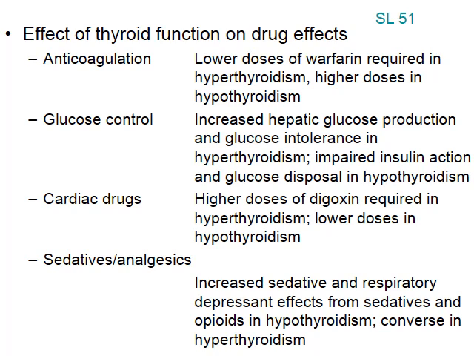So again, altered thyroid status can impact the efficacy of certain drugs. In terms of glucose control, in general, we have increased hepatic glucose production and glucose intolerance in hyperthyroidism, but impaired insulin action and glucose disposal in hypothyroidism.